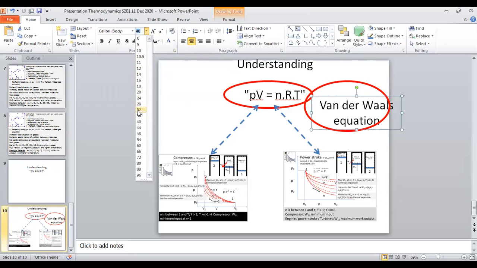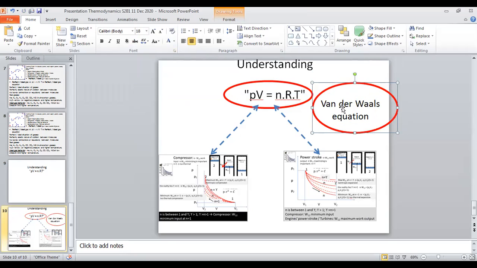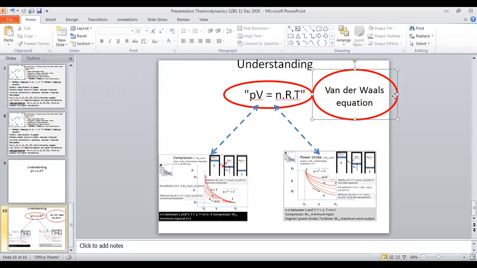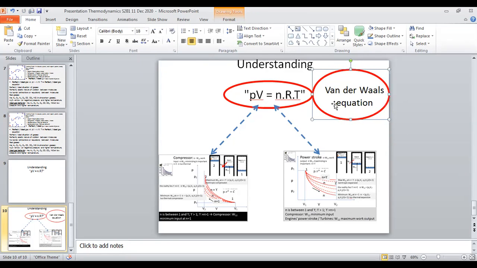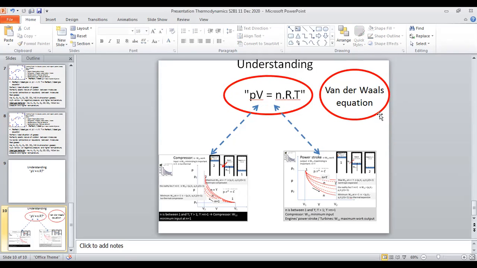Thinking of doing this as a nice slide. Let me try. It took a bit of time, that's true. So you can use the van der Waals equation as well. Give me a second.